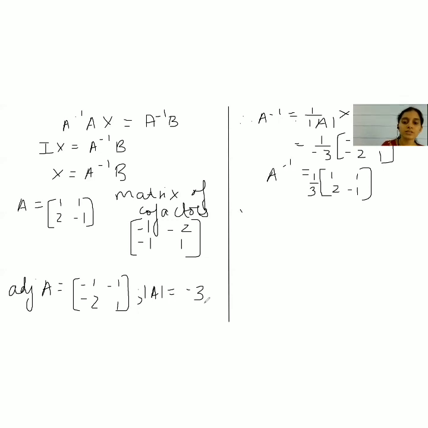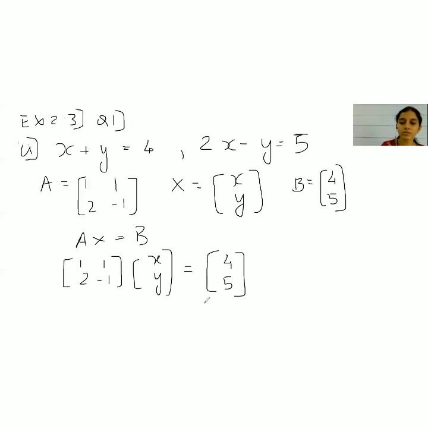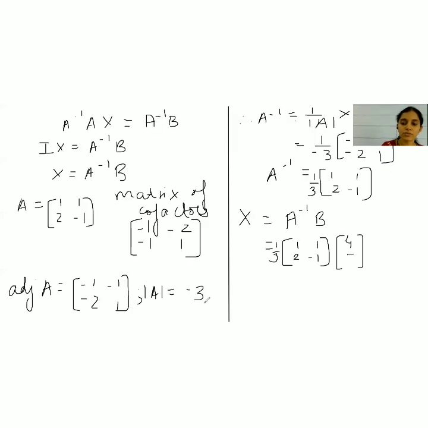Okay, this is your A inverse. How do you find X then? X is equal to A inverse into B. So that is 1 upon 3, 1, 1, 2, and minus 1 multiplied by B. What is the value of B? It is 4 and 5. So we put 4 here and 5 here.